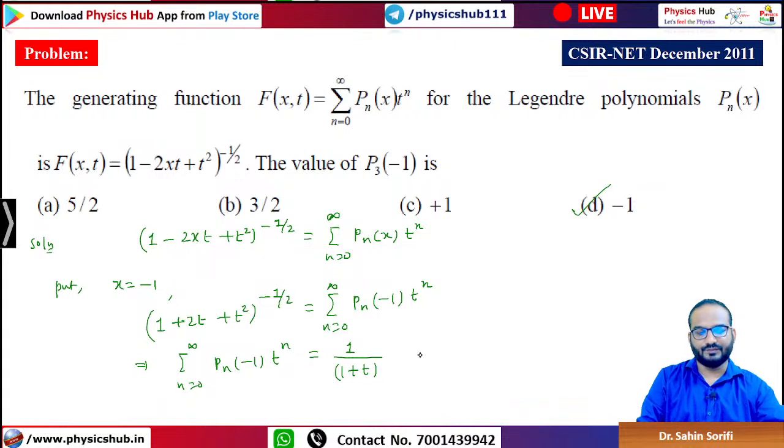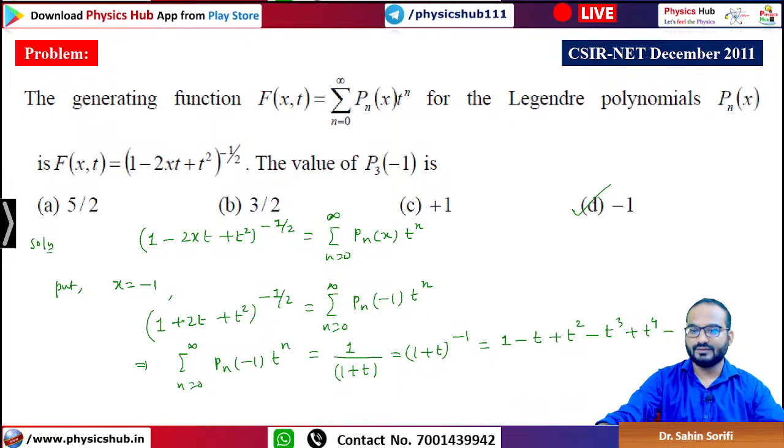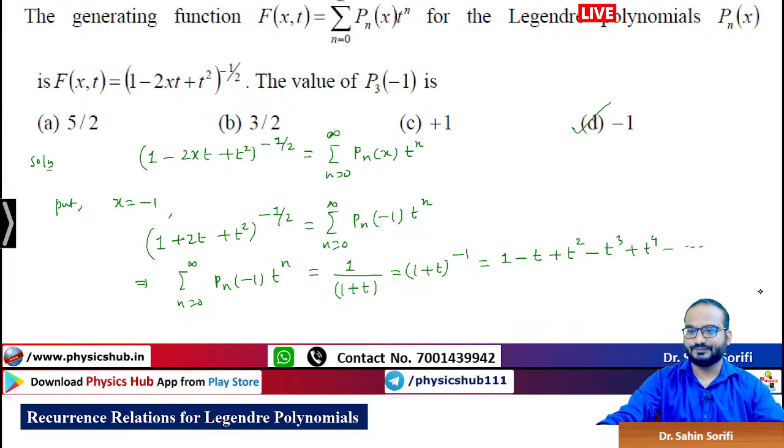So 1 by (1 plus t) means (1 plus t) inverse. This is equals to 1 minus t plus t square minus t cube plus t to the power 4 minus t to the power 5 and so on.